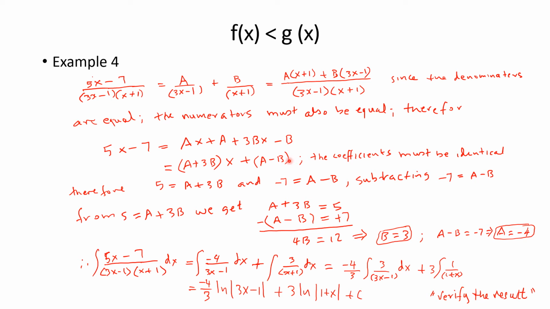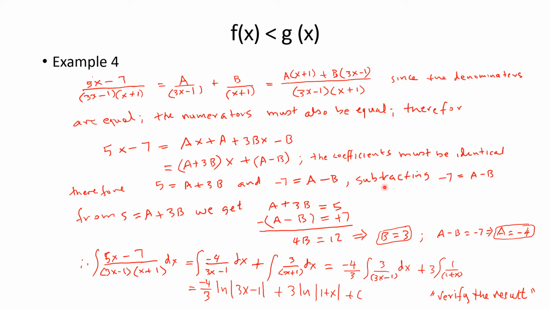This is a constant. So if we have to have these two equal, that means A minus B must be equal to negative 7, and A plus 3B must be equal to 5. So we'll put 5 equal to A plus 3B, and we put negative 7 equal to A minus B.